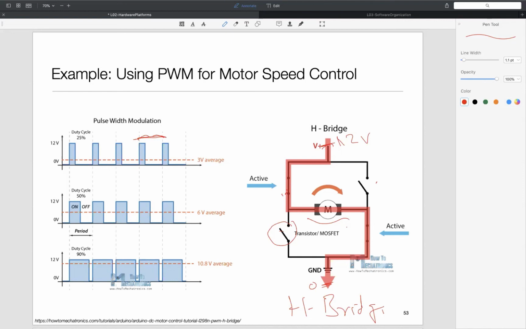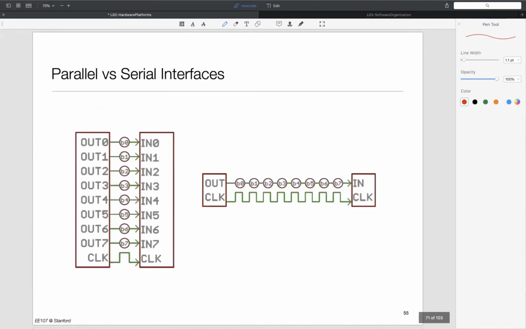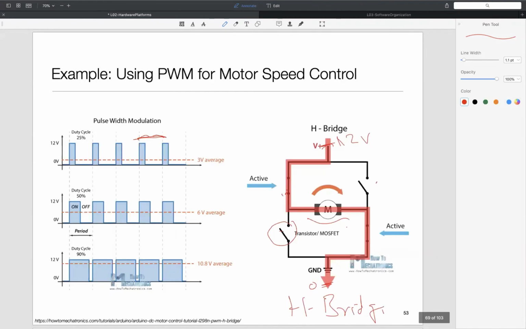PWM signals are also used to convey information from sensors to the processor. Sensors that monitor motor speed, for example, use something called quadrature encoding. If you look up quadrature encoder, you would find that PWM signals in those cases are used to convey information from the physical world to the processor.